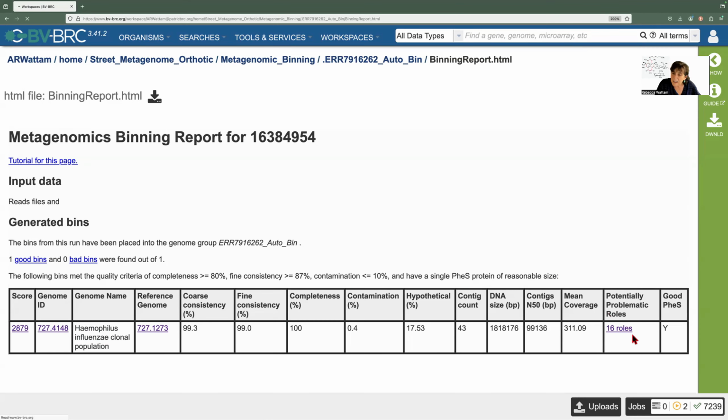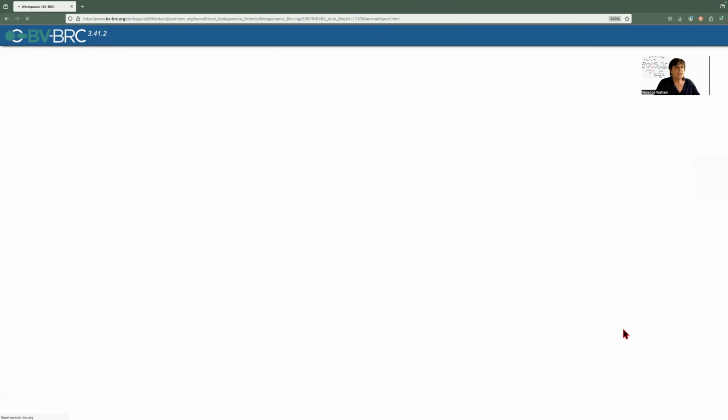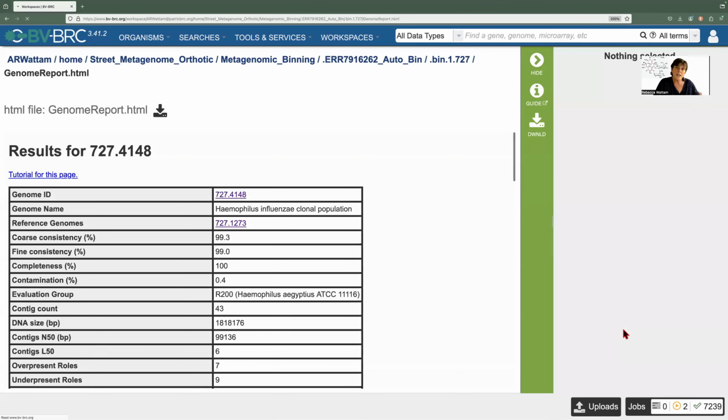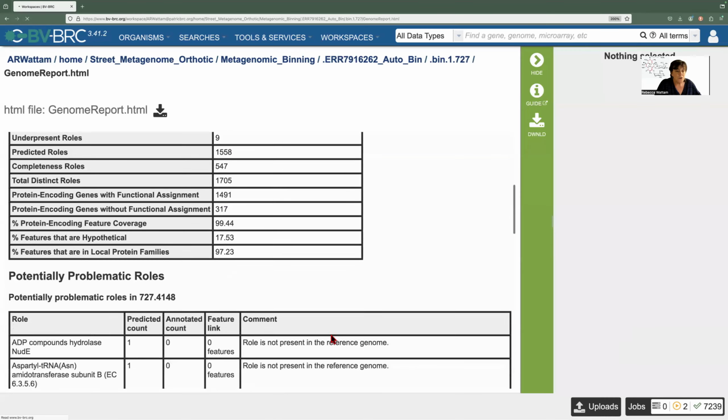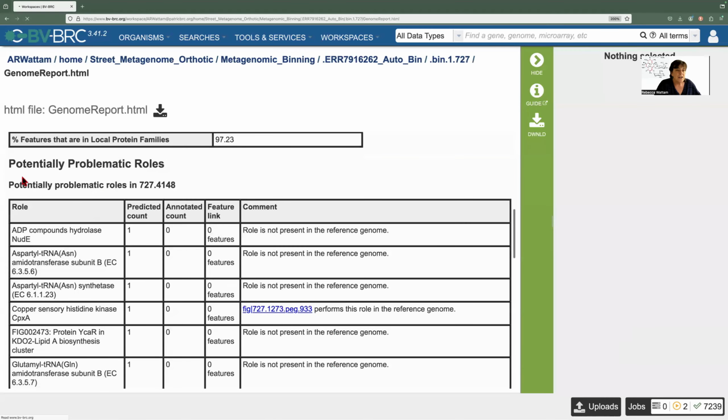So if I click on this 16 roles, it will take me to a page that shows me what genes are potentially problematic. Now, what it first opens is the genome report, and these are the statistics on the bin genome. So I have to scroll down past that. And here are the potentially problematic roles. So the role is the function that it thinks this gene has.